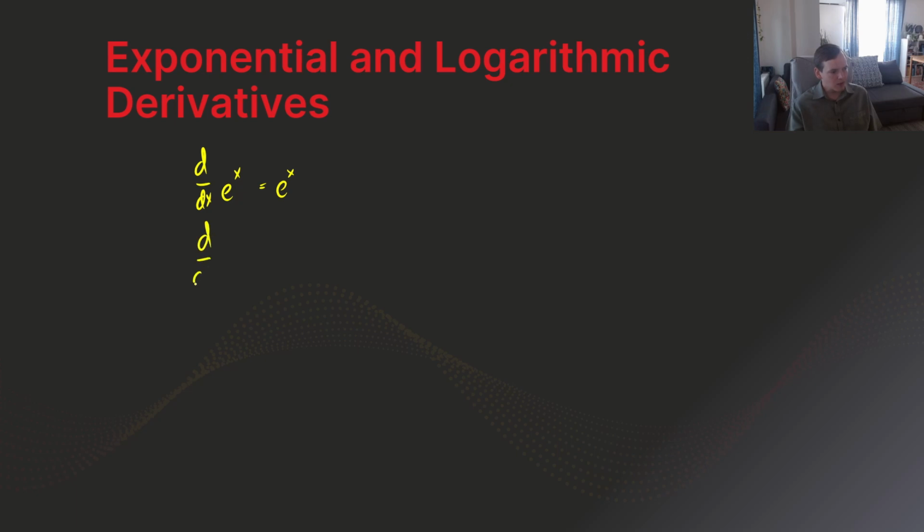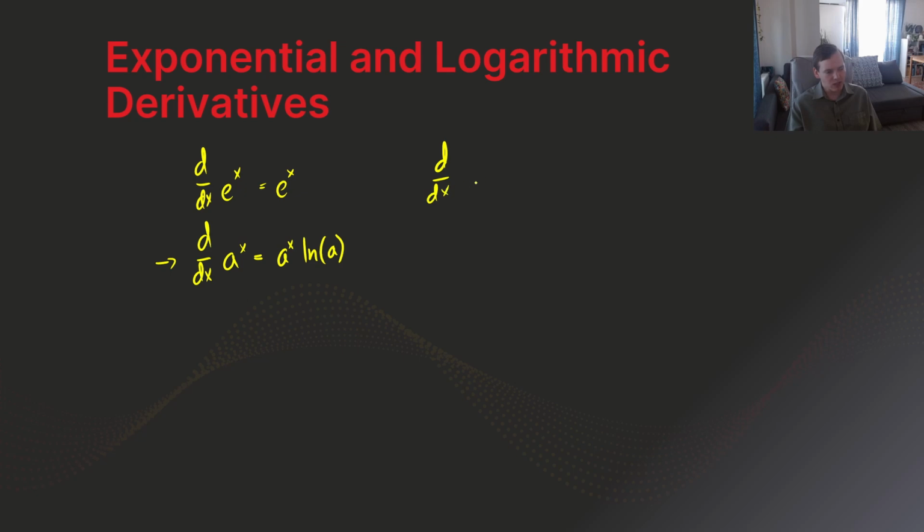The derivative of the generalized form of this, a to the x, where a can be any number, is going to be a to the x times ln of a. And you'll notice I can actually use this second form with e to the x. I plug in e for a, I get e to the x ln of e, which is ln of e is 1, so I get the same results there.